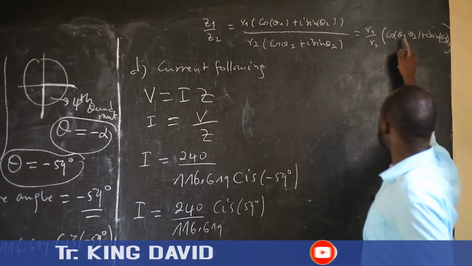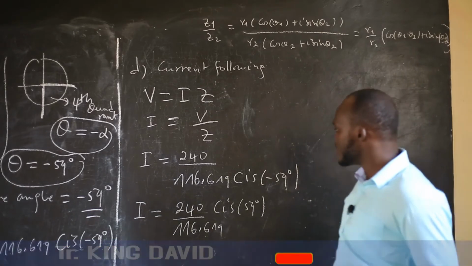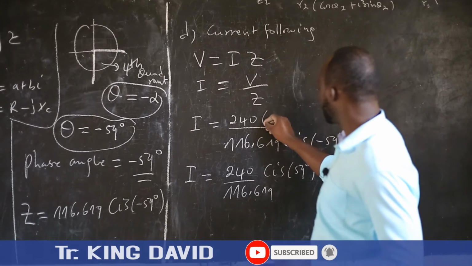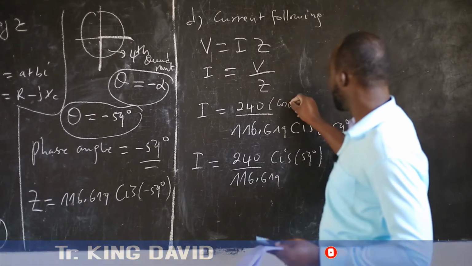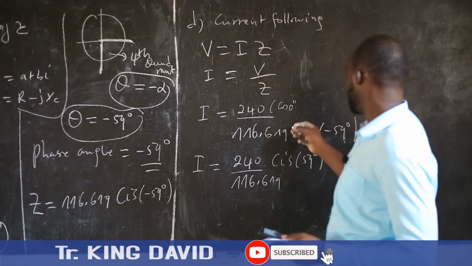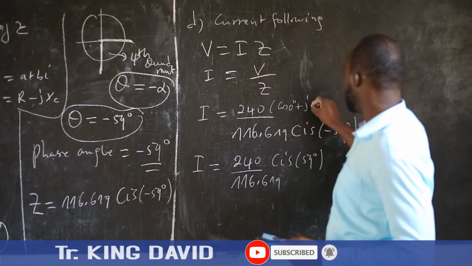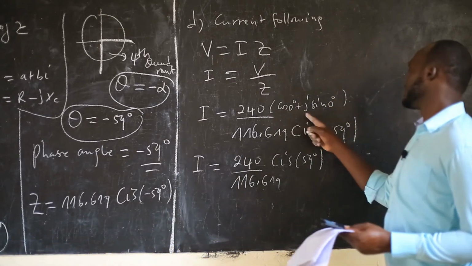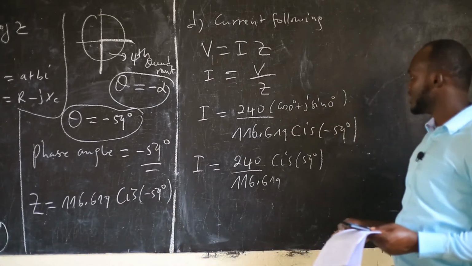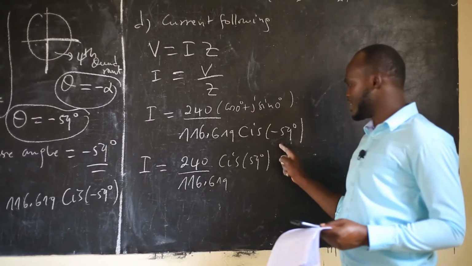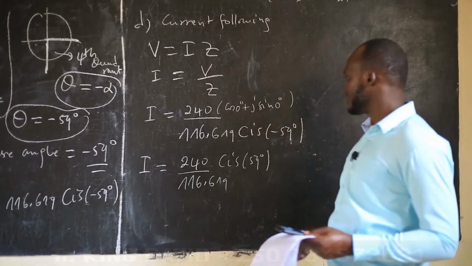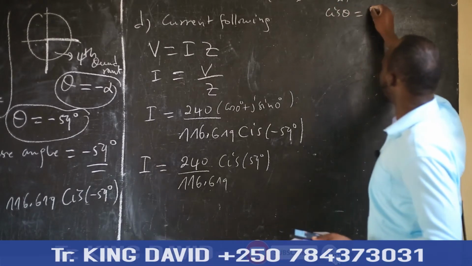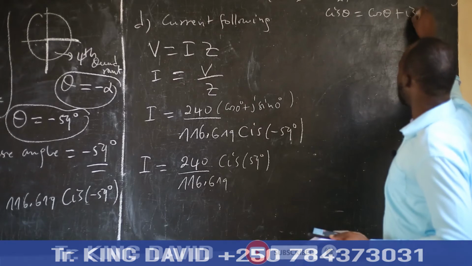So we just subtract our angles. Here we have cos 0 degrees plus j sin 0 degrees, so 0 minus negative 59 becomes positive 59, because cis of an angle is the same as cos angle plus i sin angle.